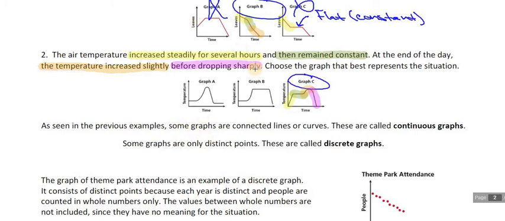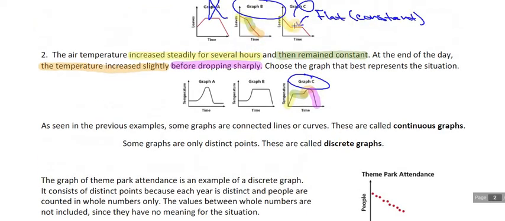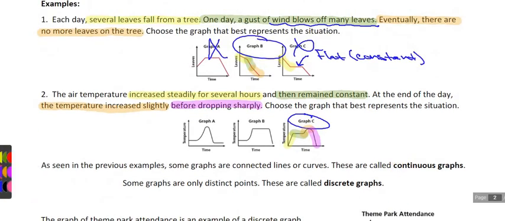So these were connected lines or curves and they were continuous. The distinct point graphs are going to be discrete. Notice these curves were connected. This theme park attendance graph is individual points. So these are continuous graphs.